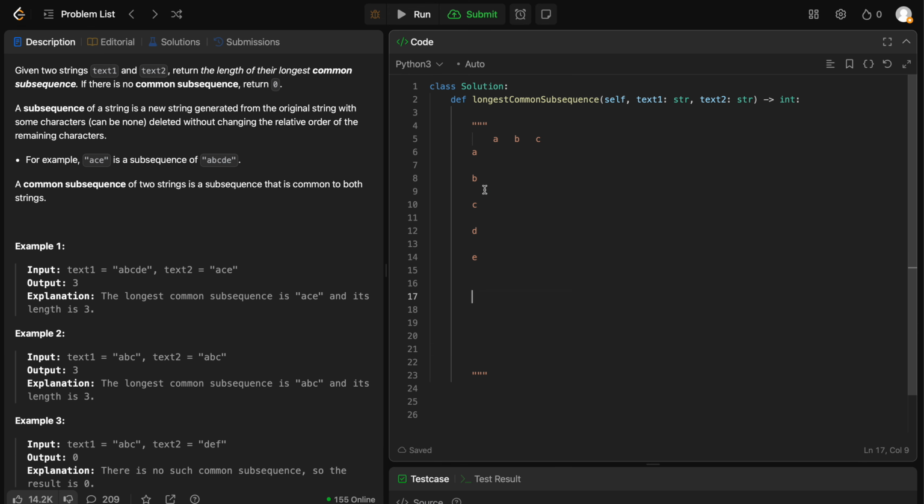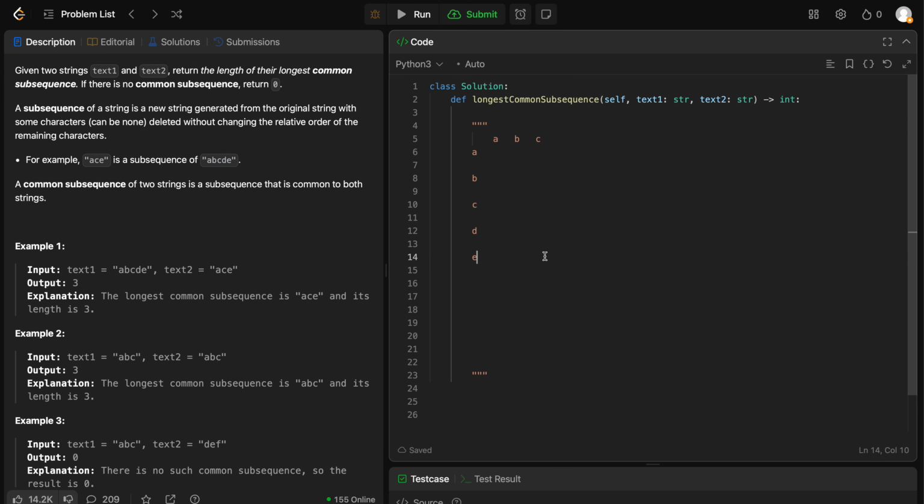So this is actually a table, because when we do a bottom-up approach, we need to think in terms of some tables, especially where it's 2 dimensions, like here. Let's imagine that we are doing this.